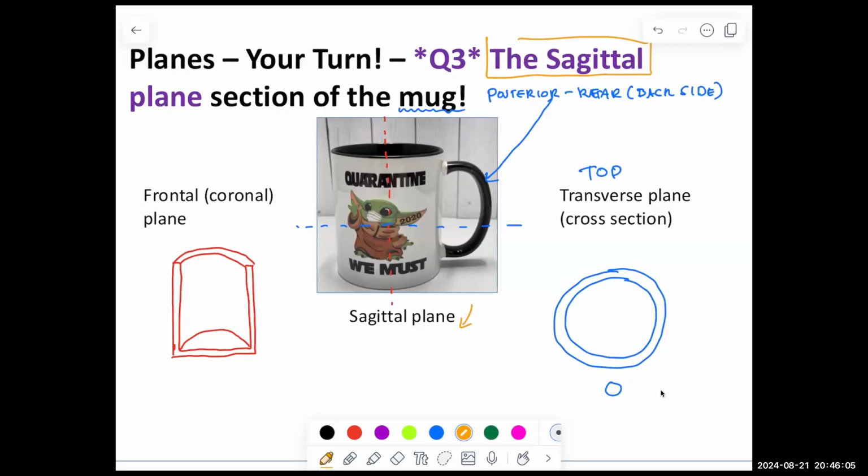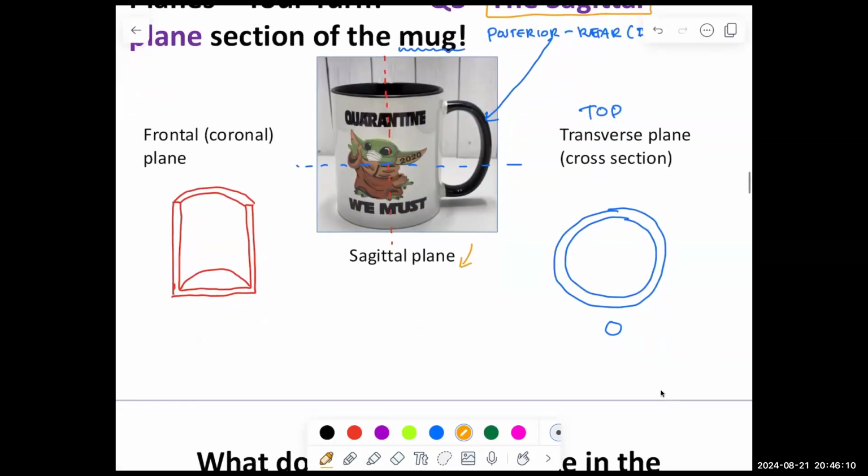So what is that going to look like? Well, that's going to look very similar to a frontal plane, except we're also going to have the handle. Okay, because we're cutting it from a very different plane.